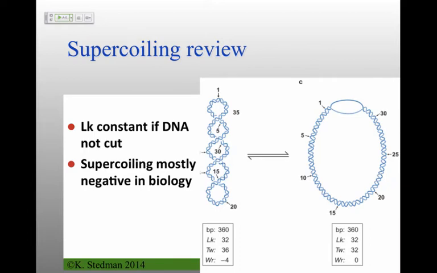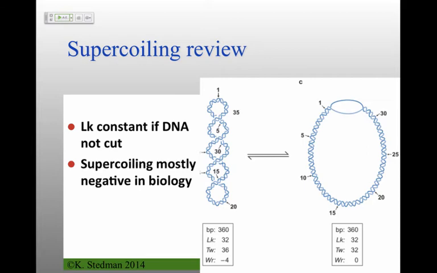I want to talk a little bit more about supercoiling. Here again, I mentioned the linking number, just the Lk here. The linking number is twist plus writhe. Twist is how many times the strands go around each other, and writhe is how many times those double strands cross.